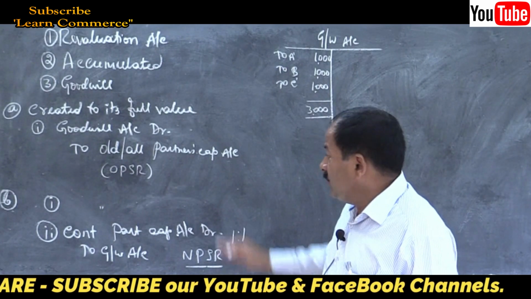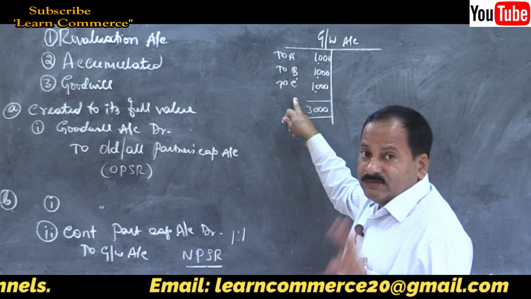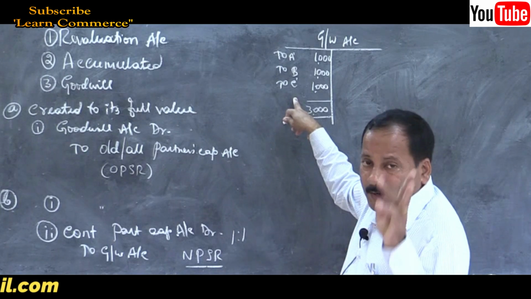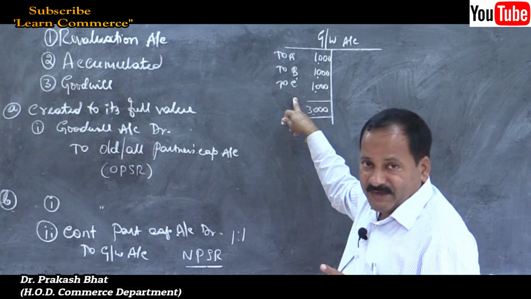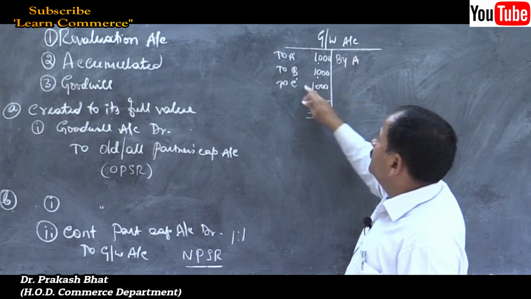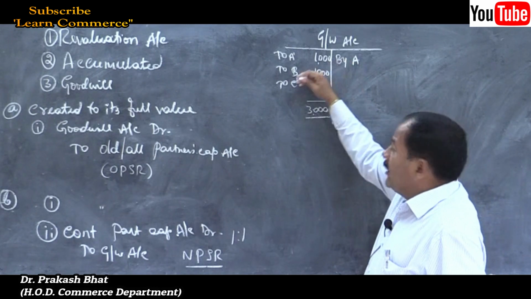Here the old ratio is 1:1:1. So three partners were there, 1/3, 1/3 and 1/3. Let us assume C is the partner who is retiring, so A and B will continue.